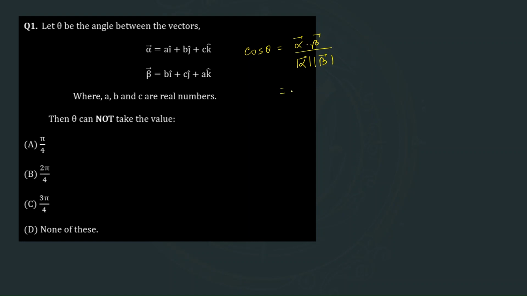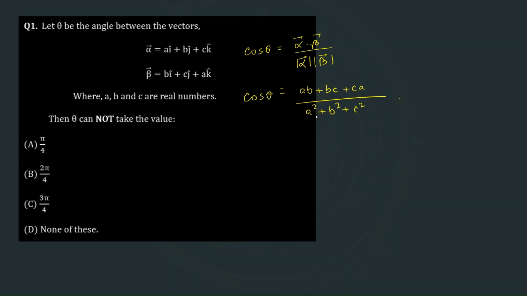Now alpha dot beta will be ab plus bc plus ca, divided by, now both of these moduli are equal to root under a square plus b square plus c square. So if we square this, it will become a square plus b square plus c square. So from here we get the value of cos theta.